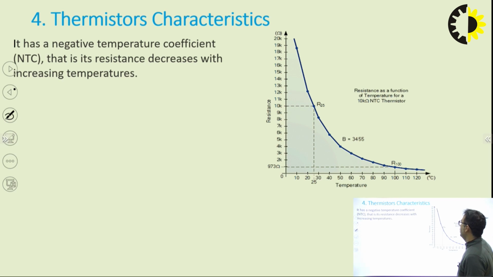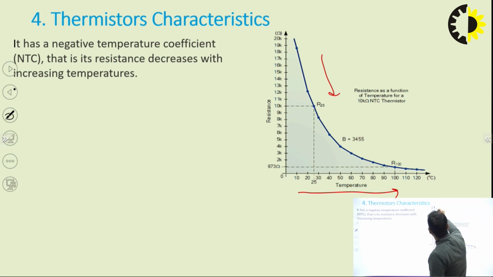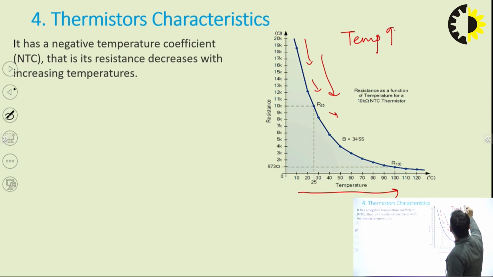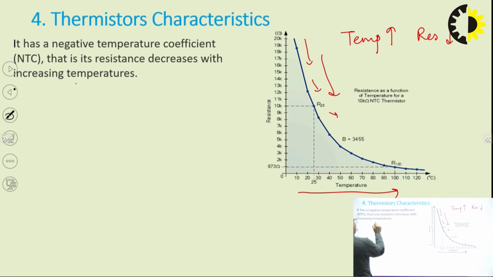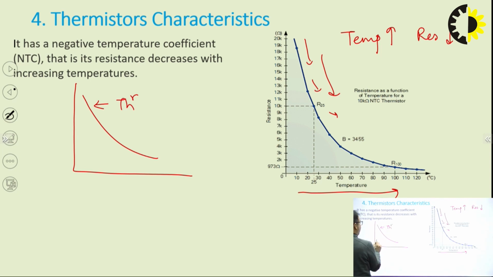So what is the basic characteristic of a thermistor? As we can see in this diagram, as temperature is rising from 0 to 120 degrees, the resistance is decreasing. So it shows that as temperature rises, resistance decreases. If we compare with respect to RTD, this is the thermistor characteristic, and this is platinum, that is the RTD characteristic.